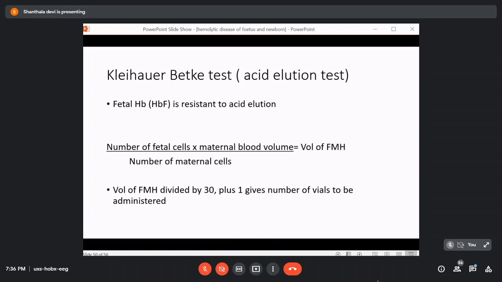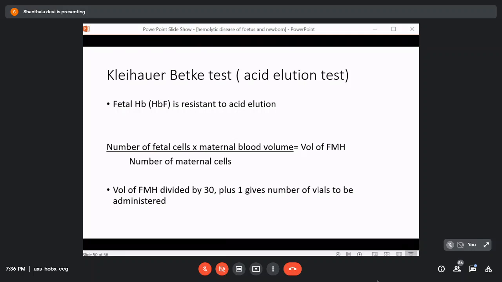So based on this principle, a smear is made and subjected to a mild acid. If it is all adult hemoglobin, the hemoglobin elutes, and after staining with eosin, it looks like ghost cells. On the other hand, if it is fetal cells, the hemoglobin does not elute, it remains inside the RBCs, and when you stain it with eosin, it will appear pink in color.